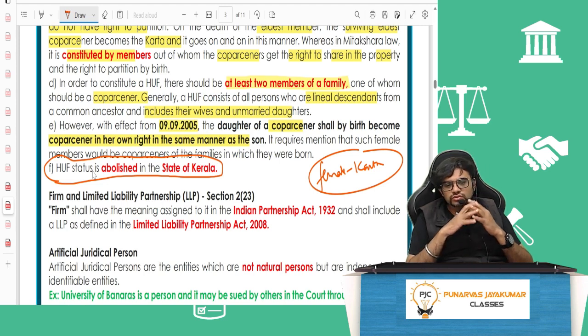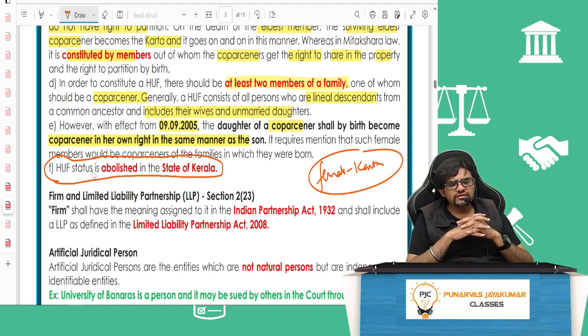So they want to remove the entire status of HUF, but then again, people are perceiving it as an attack on Hindus. So they say, why, when everything is there, do you want to delete? So it has become political as usual. I don't think it will be deleted. But they want to delete the concept of HUF.